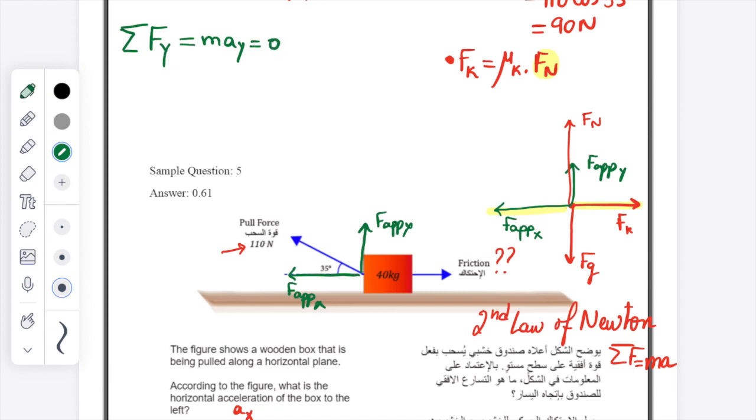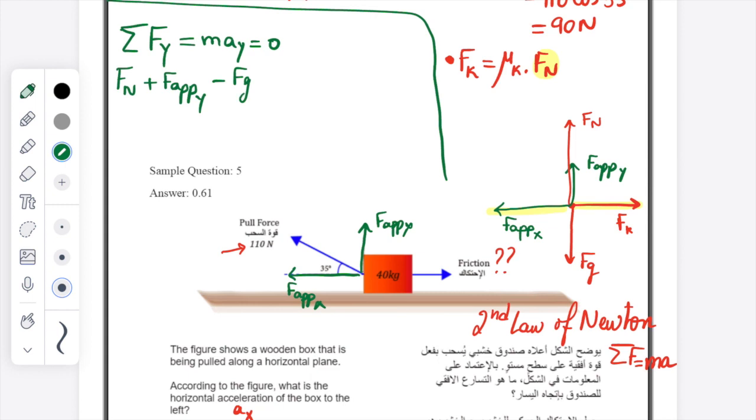However, on the y-axis, I have upward F normal, also F applied y, and downward the force of gravity.